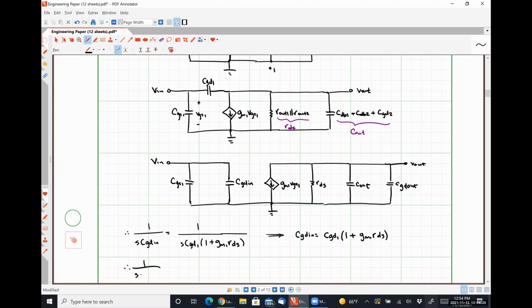And 1 over S CGD out will be 1 over S CGD1 multiplied by a factor of 1 minus 1 over the gain, GM1 RDS, which means that CGD out is equal to CGD1 times 1 plus 1 over GM1 RDS.